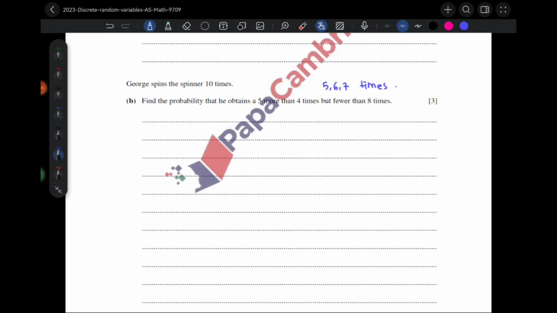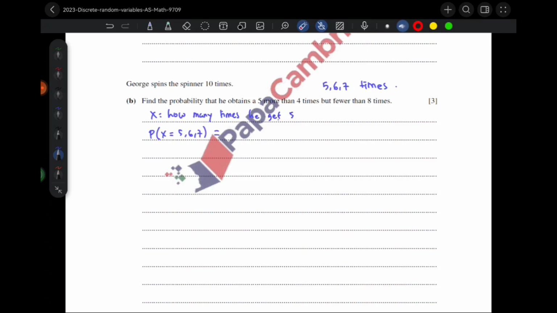Let's say X represents how many times he obtains 5. So we count the probability of X equals 5, 6, and 7.